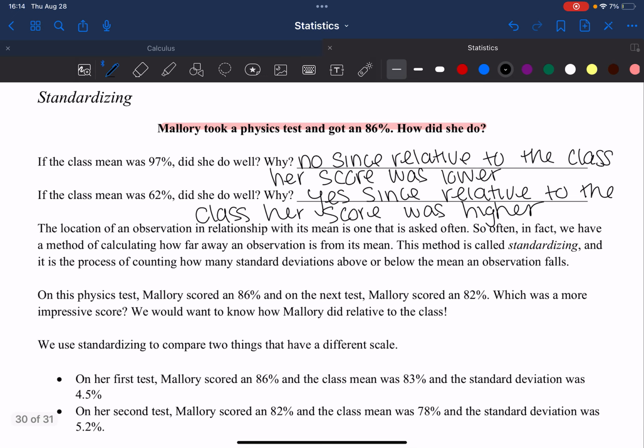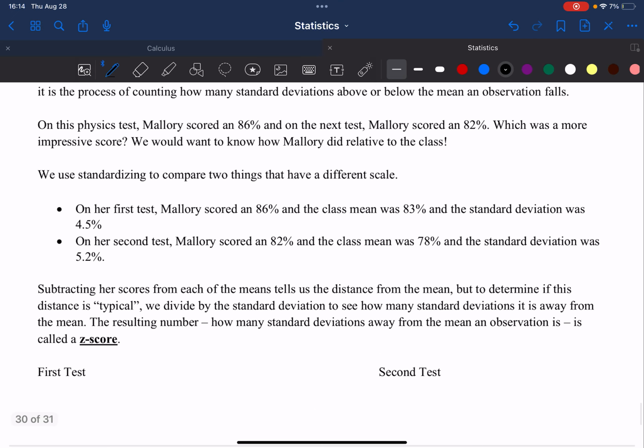So let's say, however, we are now trying to compare two things on a different scale. So two things that have a different scale. On the first test, Mallory scored 86% and the class mean was 83% and the standard deviation was 4.5%. But on the second test, Mallory scored an 82% with the class mean of a 78% and standard deviation of 5.2%.